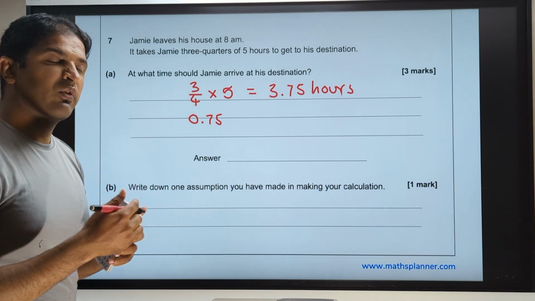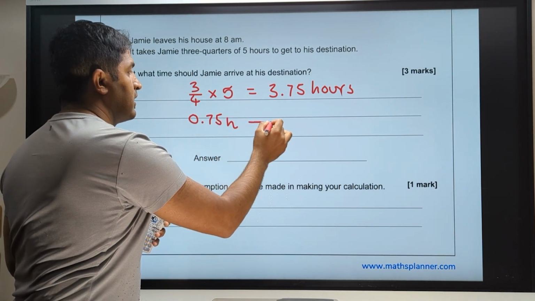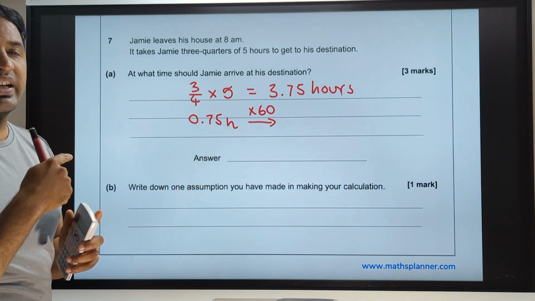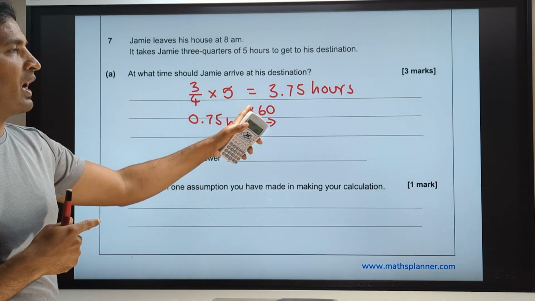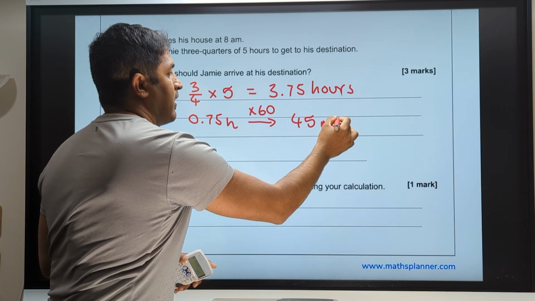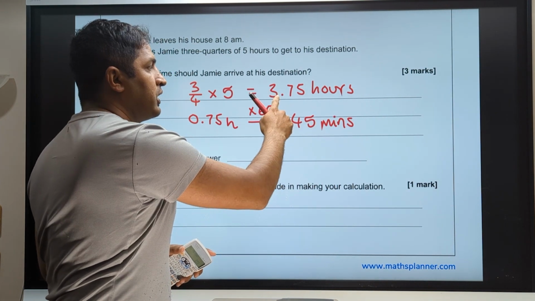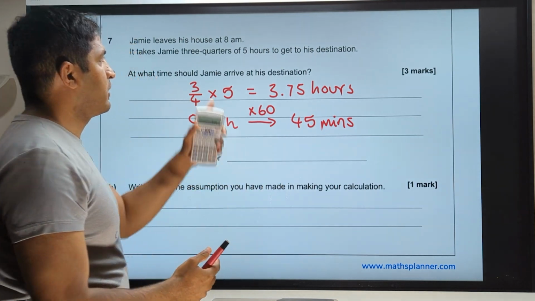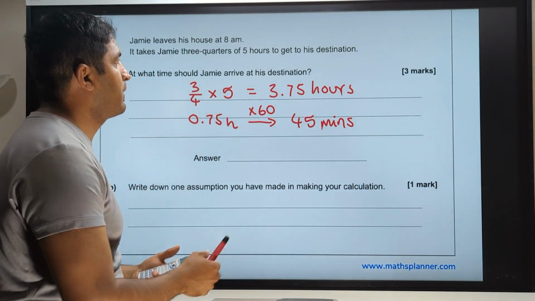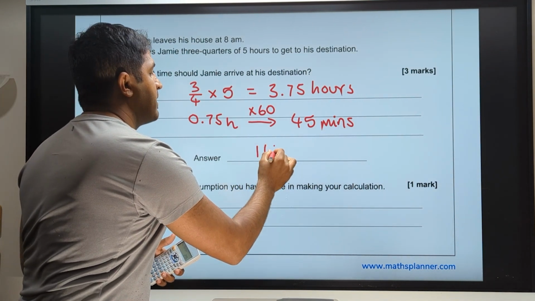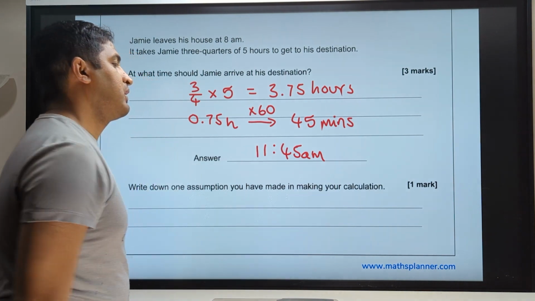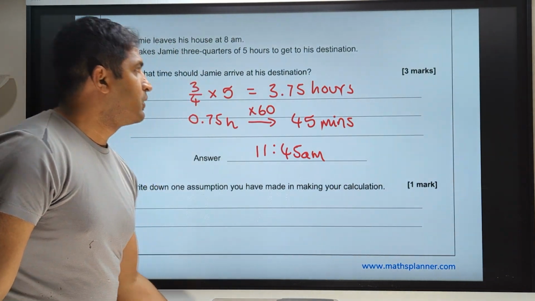We multiply it by 60 because there are 60 minutes in 1 hour. So 0.75 times 60 will give you 45 minutes. So 3 hours and 45 minutes. Now if you add 3 hours to 8, it gives you 9, 10 and 11. So 11 o'clock and then 45, a.m. So 11:45 a.m. is when you get to the destination.